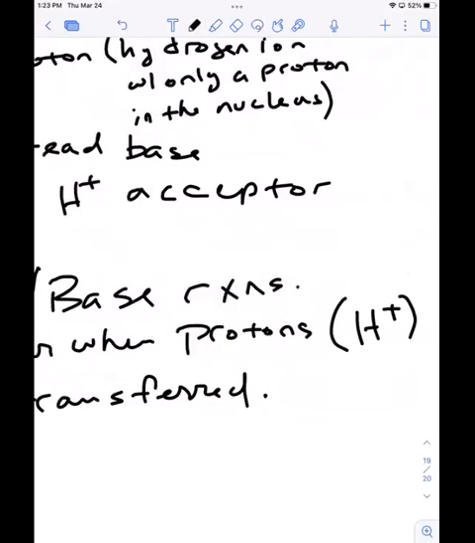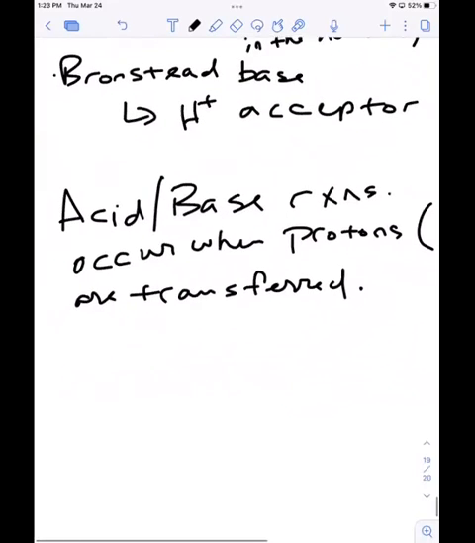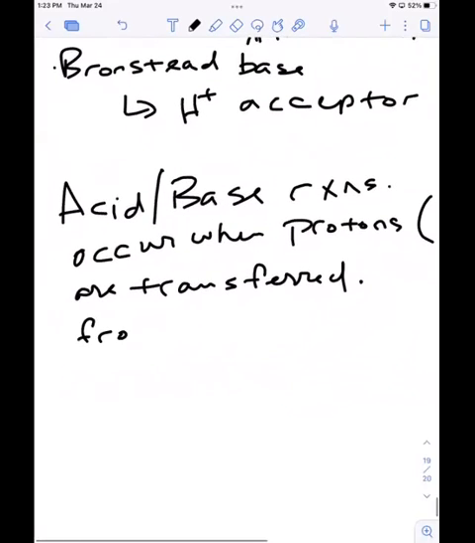If there's a proton transfer in an acid-base reaction, it's the actual atom, the actual hydrogen ion, right? So protons are transferred from the acid to the base. So that's what happens in an acid-base reaction, right?